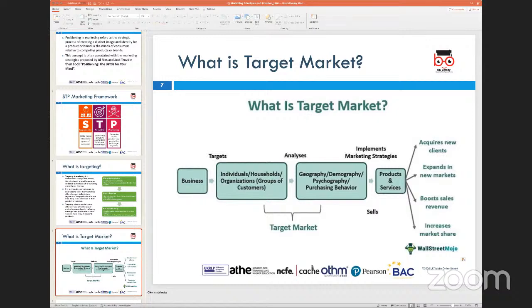So these would be the target market in terms of segmentation. And then positioning is the messaging which the company creates to identify the product, the right price, and understand the competition and the market dynamics before it starts to roll out a marketing campaign.